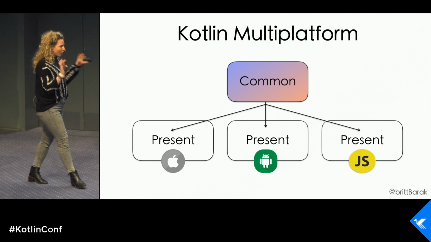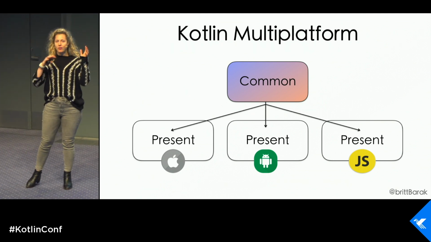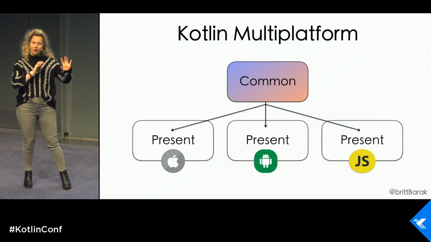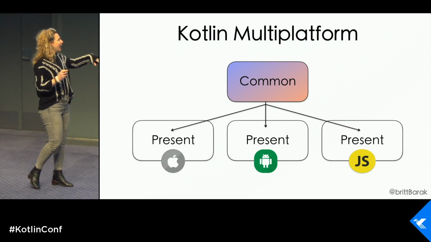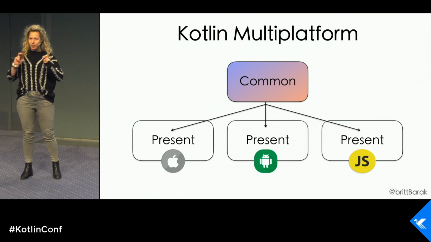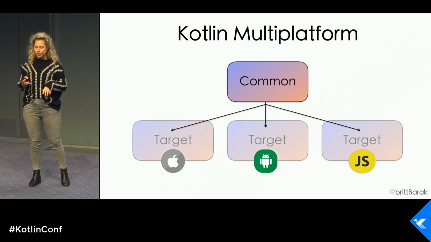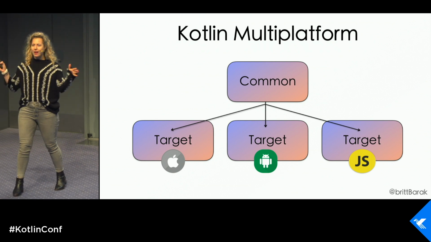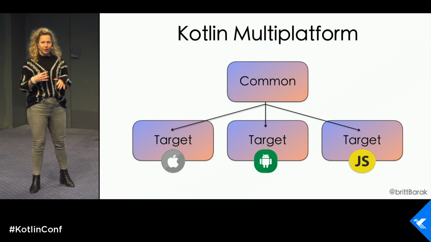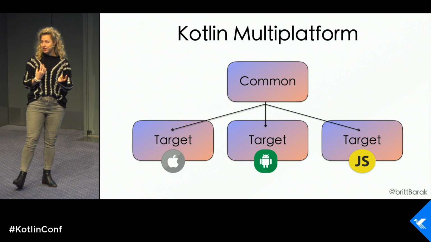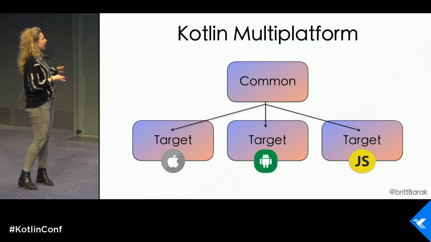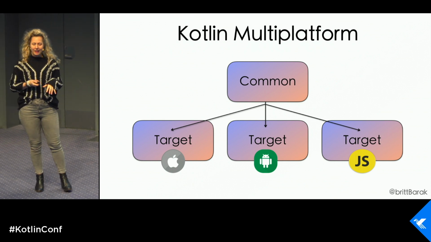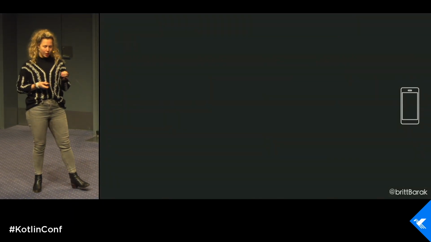This is a common component, a common library where we have all the shared code in that specific place. And then how would we do the separate code? We would have different targets. We call it a target, for each platform that we want to run on.